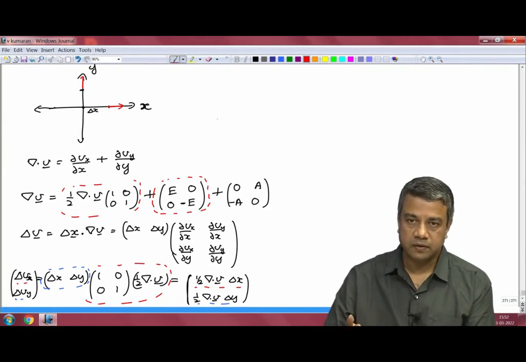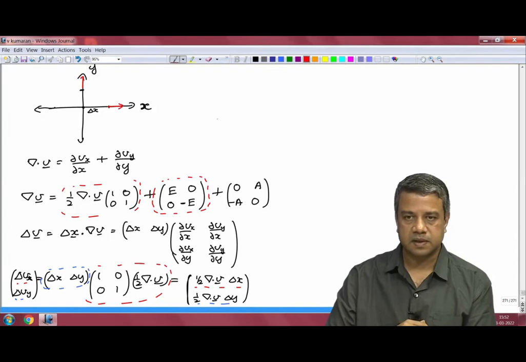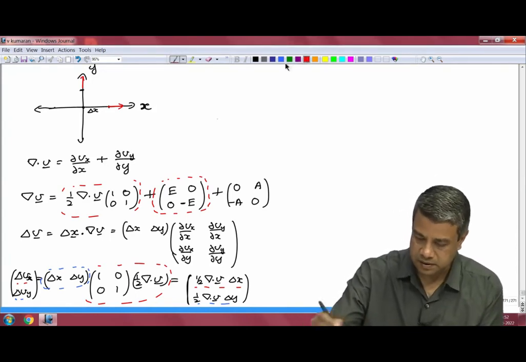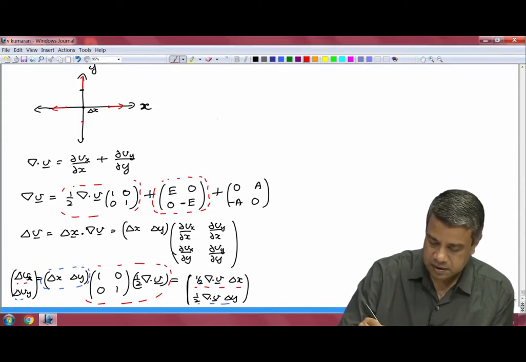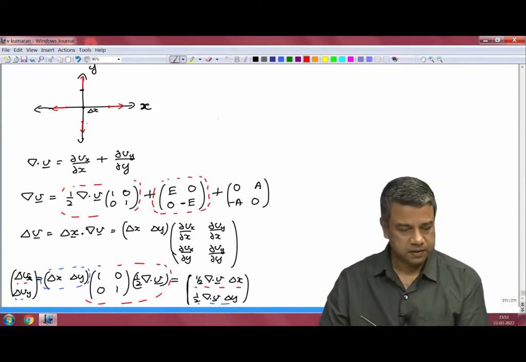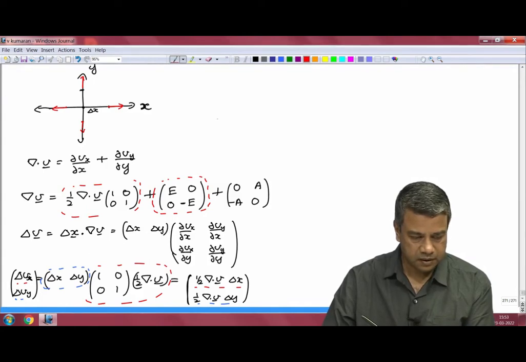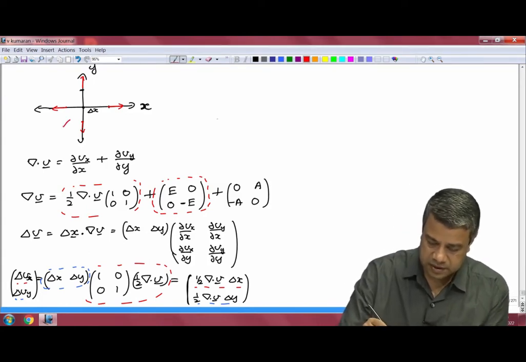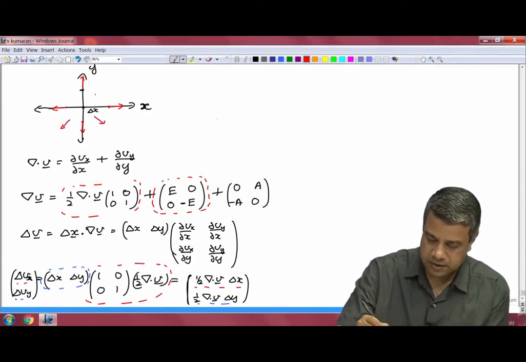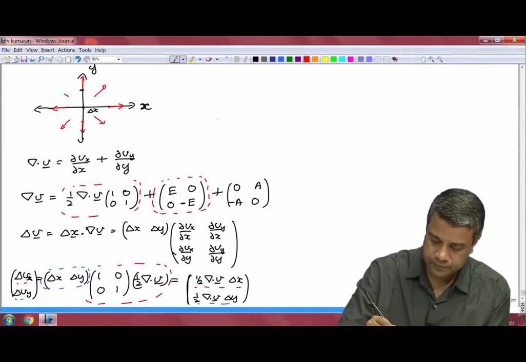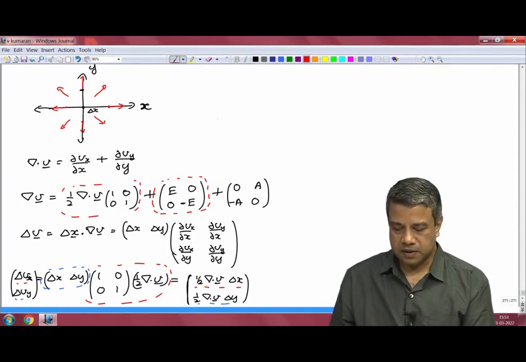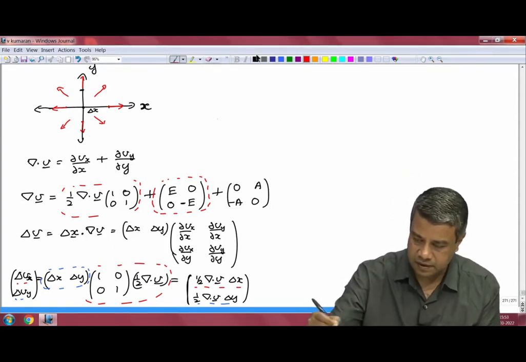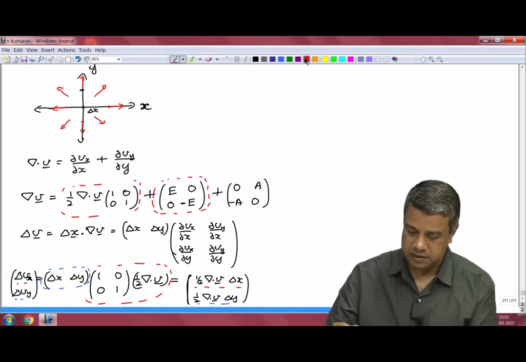If I go in the minus delta x direction, the x velocity is reversed because delta x is reversed. So, in the minus x direction it will look something like this, and similarly in the minus y direction it is reversed. So, at any location the velocity is radially outward. And therefore, this part of the velocity field represents radial expansion or compression.